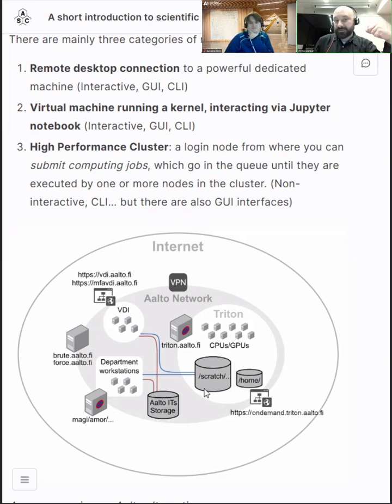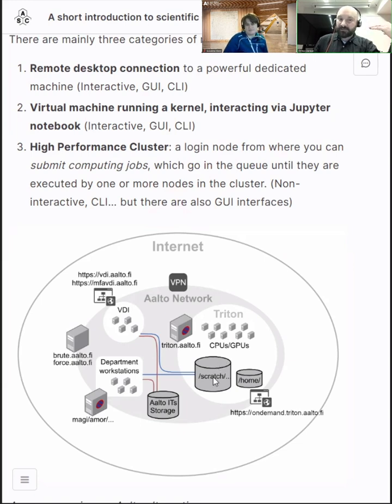So this is why we have a dedicated so-called Scratch storage system. The good thing is that Scratch is huge. We have 5 petabytes of Scratch space, and it's also very fast to read and write. But the problem with Scratch is that it's not backed up, and that's the price to pay for having a huge and fast file system.